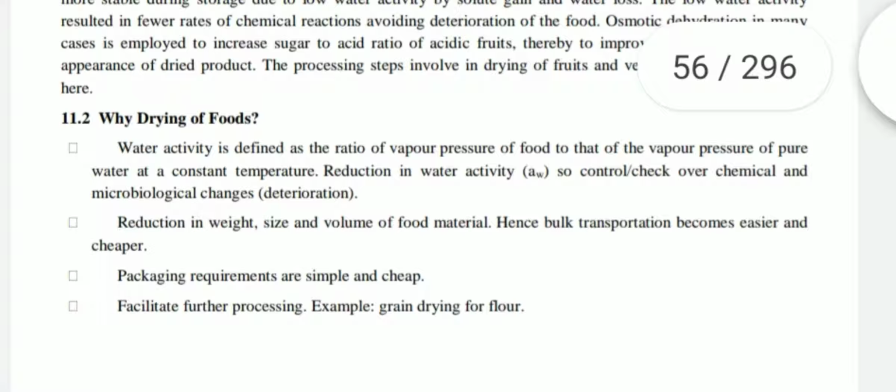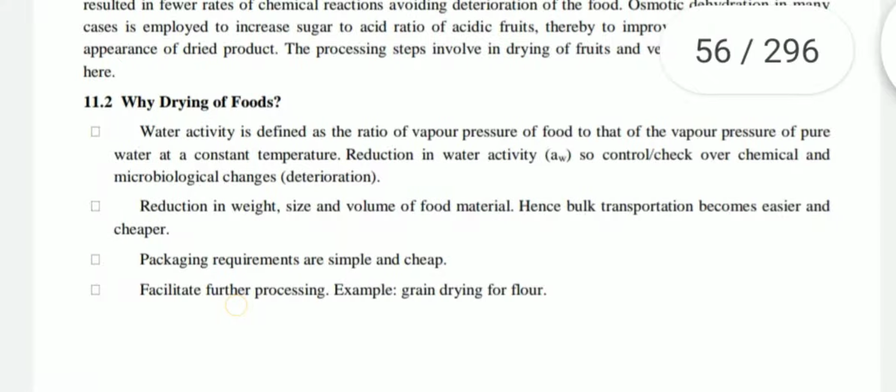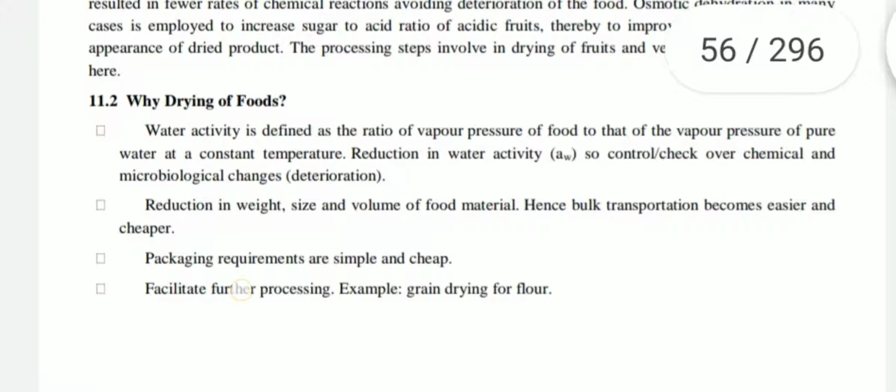Now, reduction in weight, size and volume of the material, because fruits and vegetables have 80 to 90% or even 99% of water as composition, then the reduction in the moisture content, that is 75 to 80% reduction in water content, will reduce the weight, size and volume of the food material.